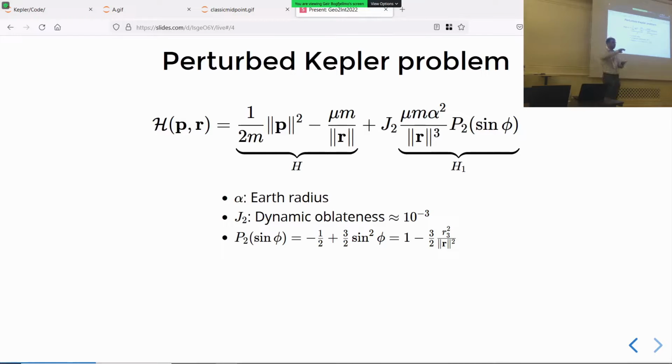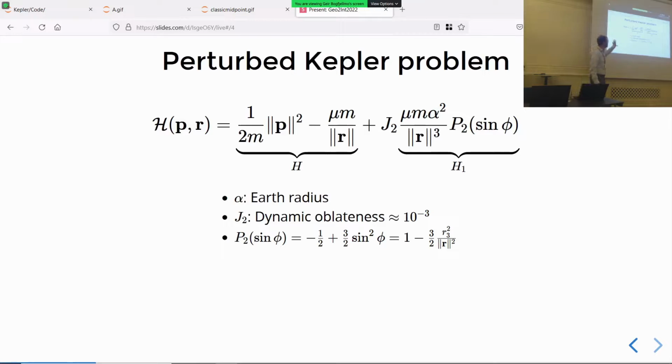It is due to the Earth not being a sphere, but being slightly oblate. So there is an extra term here, some spherical harmonic, divided by r cubed. J2 is called the dynamic oblateness of the Earth, and for Earth it is about 10 to the minus 3.